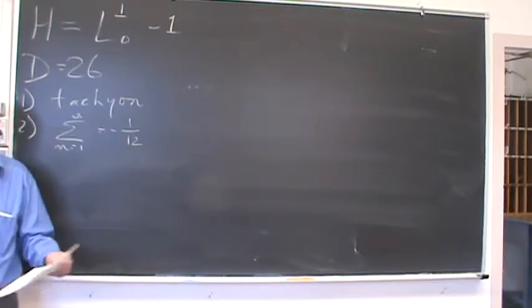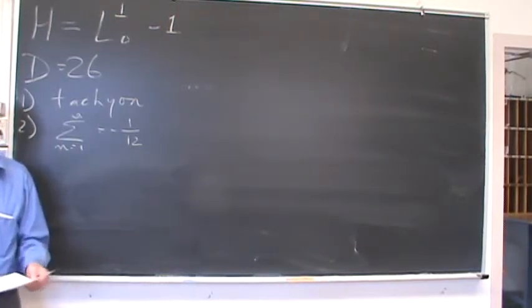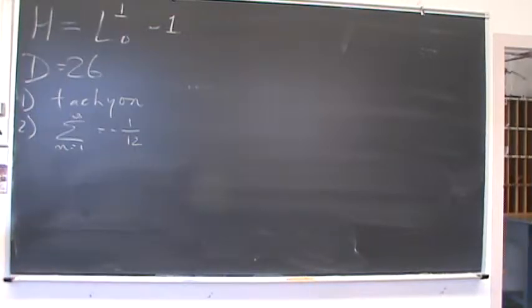You basically cancel all the bad infinities in an organized way with respect to the symmetries of the theory. Okay.